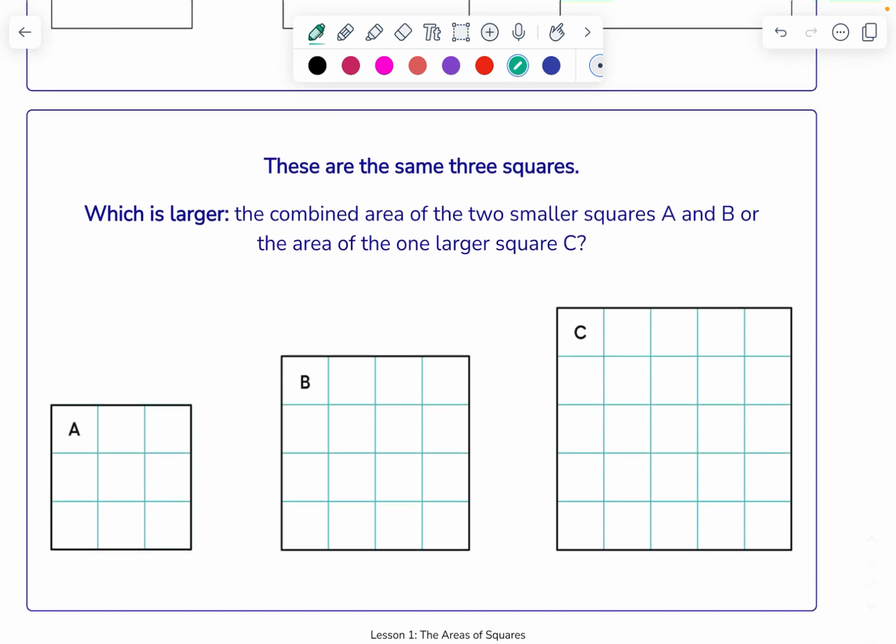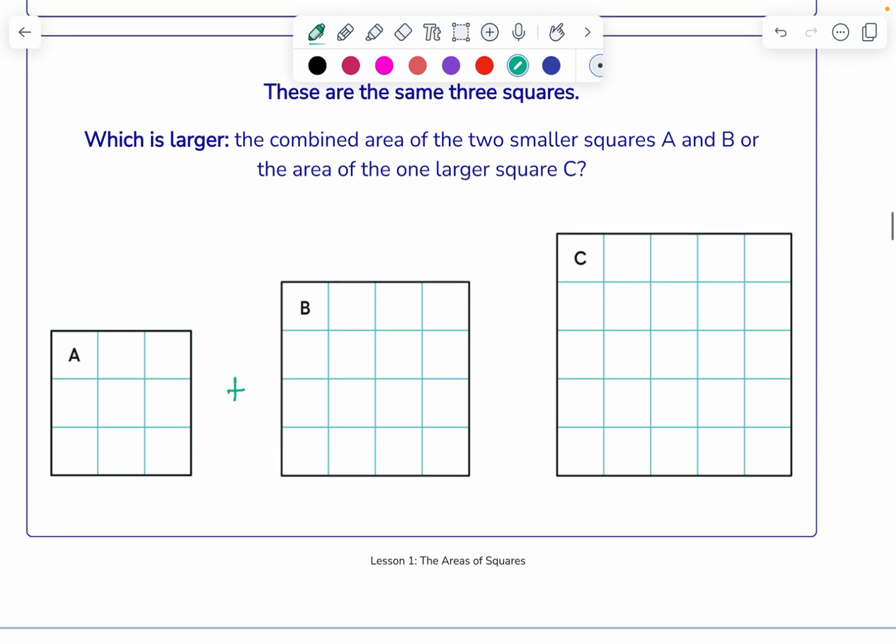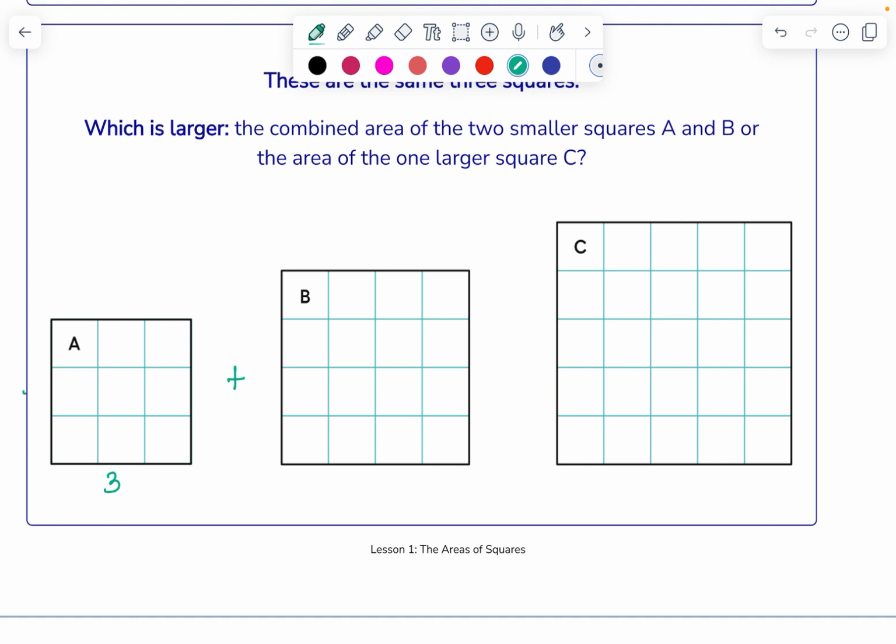By adding grid squares into this, it's going to make it a lot easier for us to see that we have a 3 by 3 area. And we know that the area of a square is the side squared, side times side.